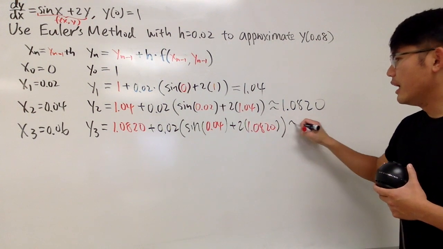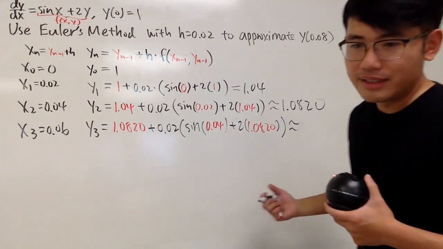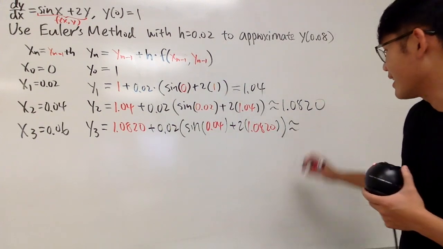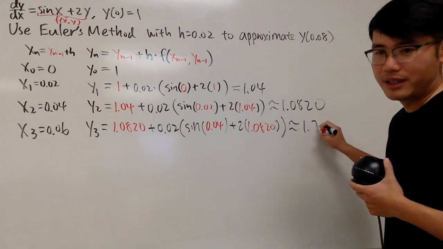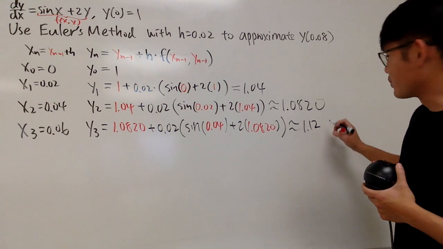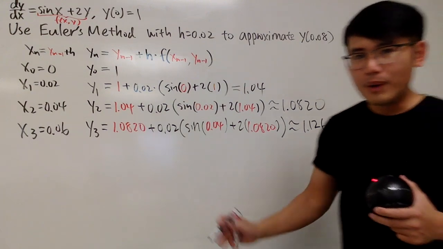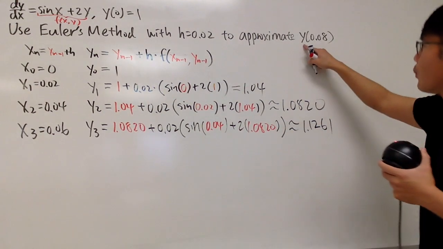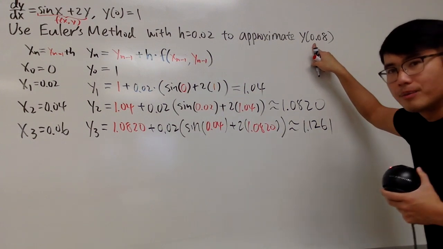I challenge you guys, if you can do this in your head, but I cannot. I'll use a calculator. We'll just look at the answer that I already prepared: 1.1261.